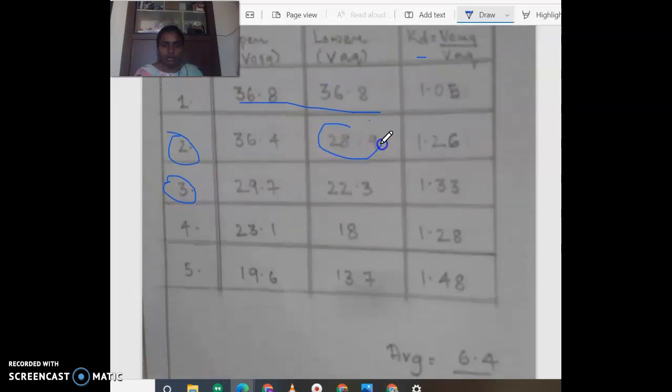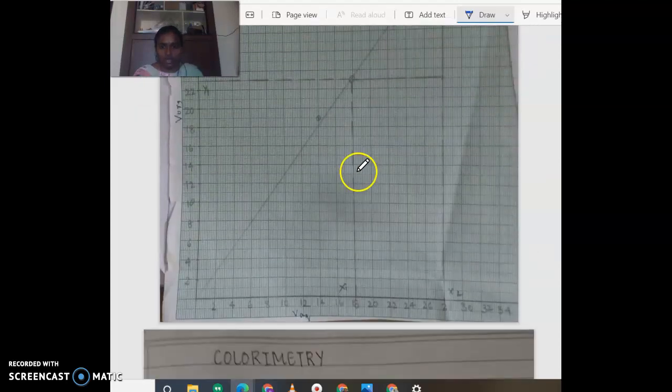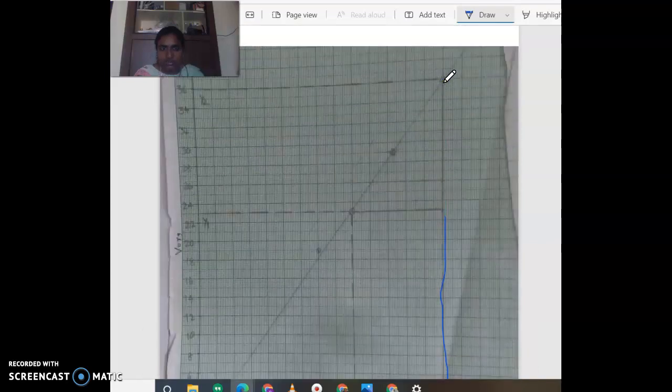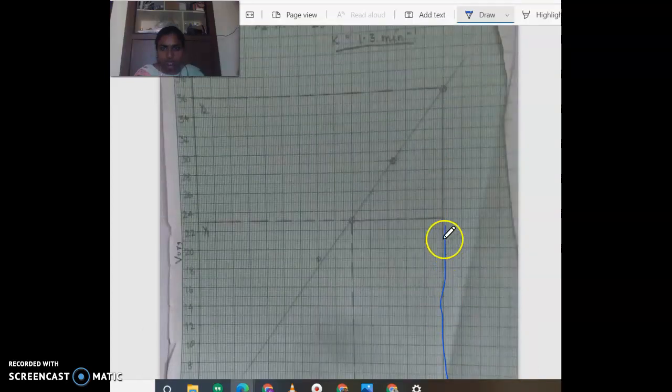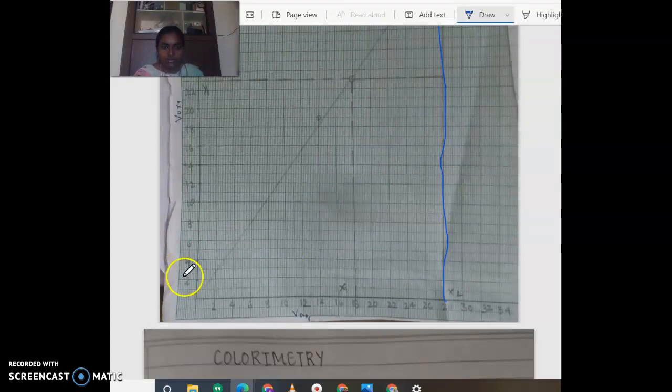For 28.9 on the x-axis, you have to correlate the point 36.4 on the y-axis. Here this point is 36.4. Like that you have to keep all the points.